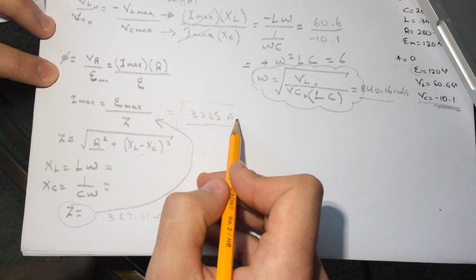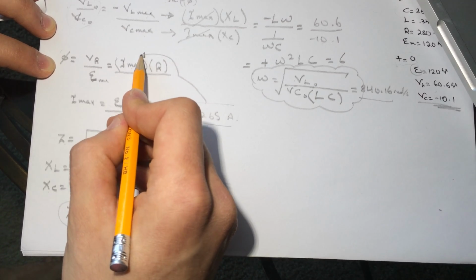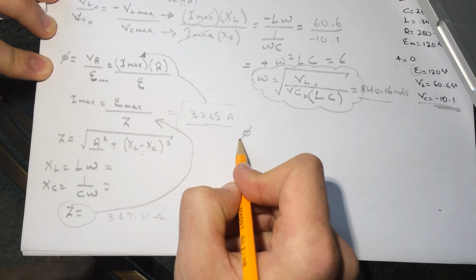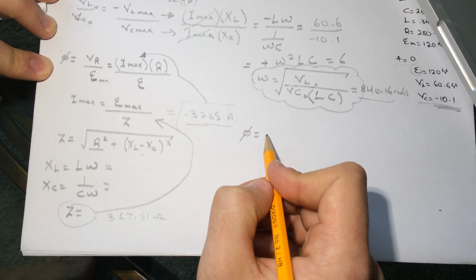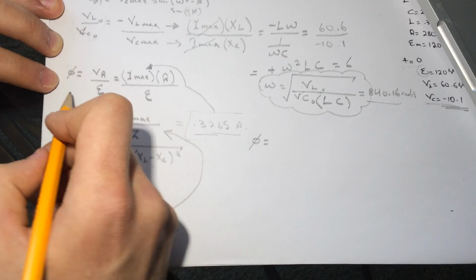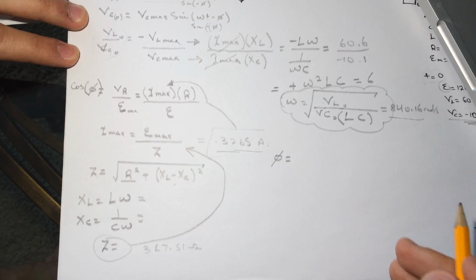Now we substitute the I max back here, then we'll get the phi in angles. This is actually cosine of this.